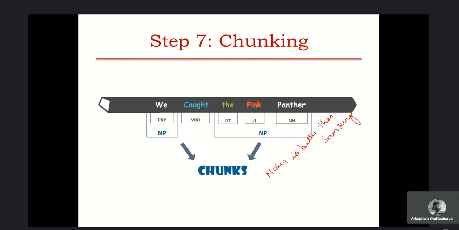Now you can see this is part of the chunk which lets me identify that there is a comparison going on between two nouns, that is Nokia and Samsung.